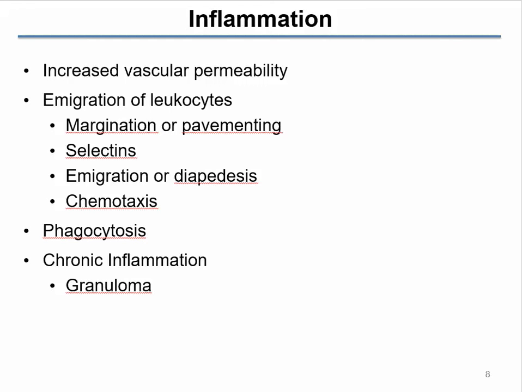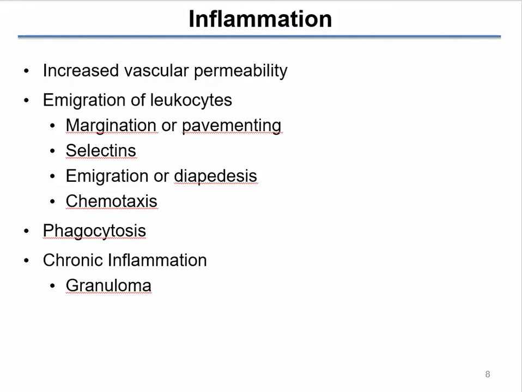The blood brings it there. Somehow it has to get across. So there's a series of steps that allow this, and we call this whole process the emigration of the white blood cells.